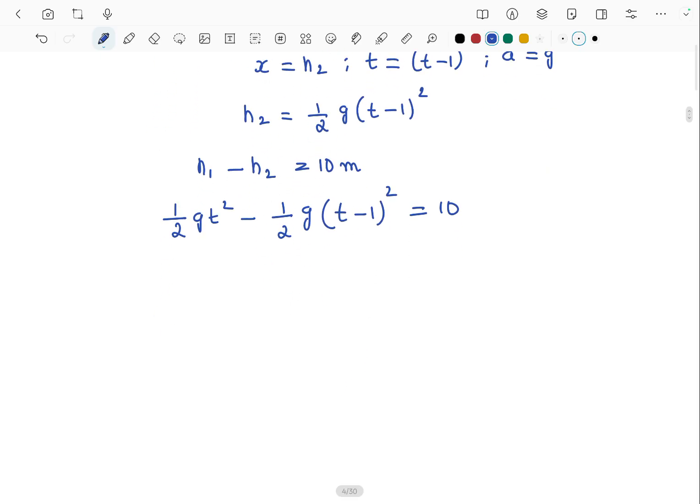Now we can take half g common. Half g into t square minus, it's a minus b the whole square, which is t square minus 2t plus 1, is equal to 10.